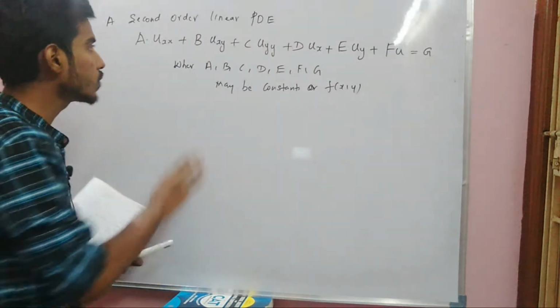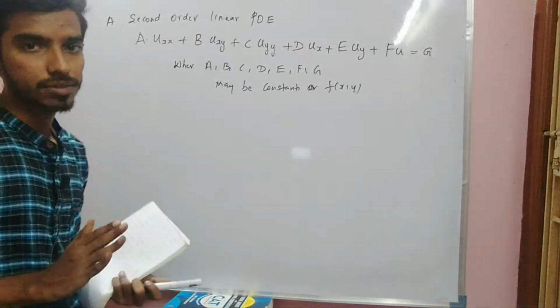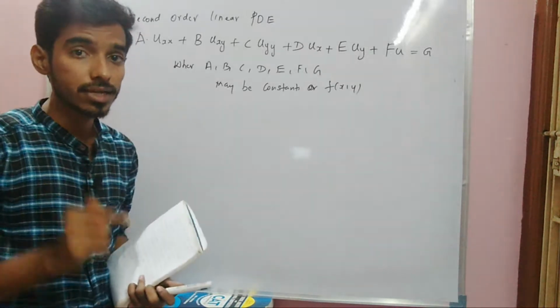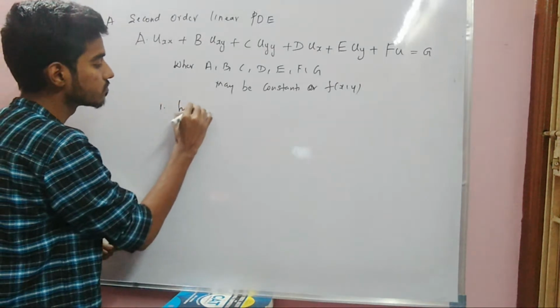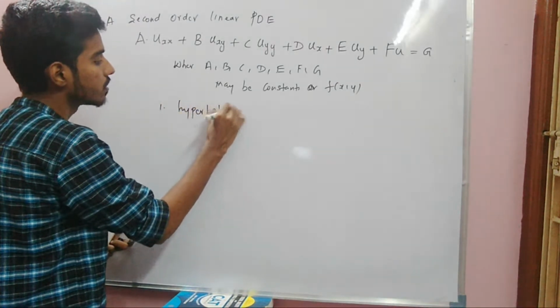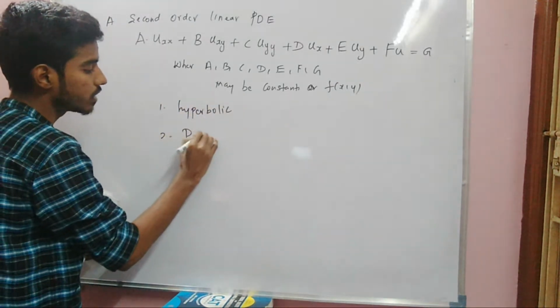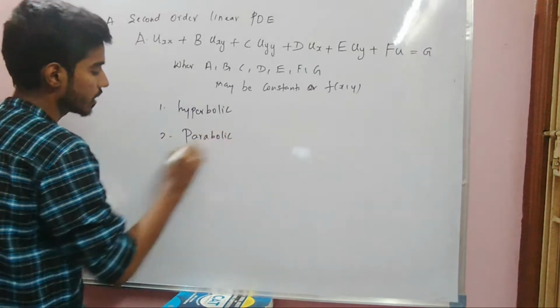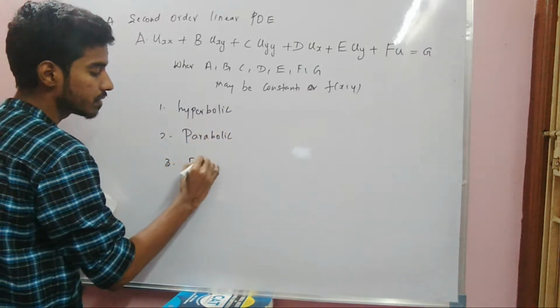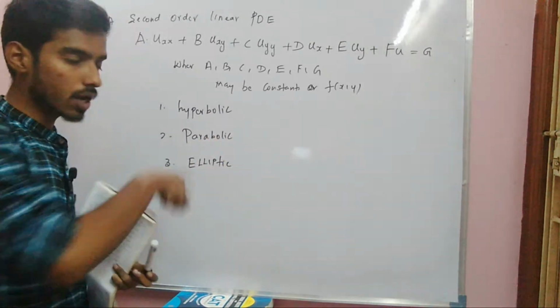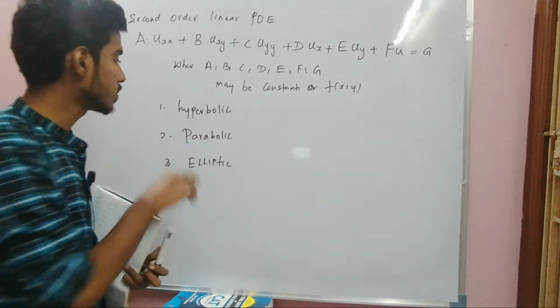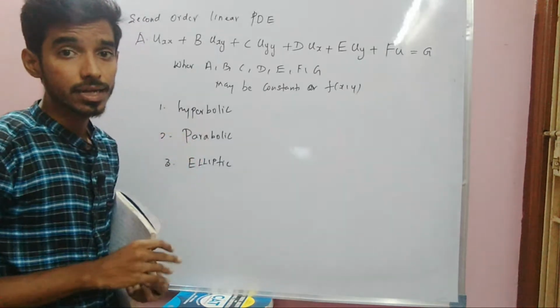Now we are going to classify this into three types. When will a second order linear PDE be hyperbolic, when will it be parabolic, and when will it be elliptic? A second order PDE can be one of these three types: hyperbolic, parabolic and elliptic.